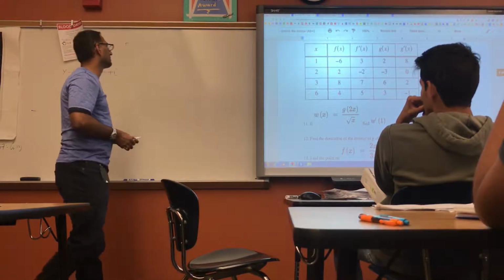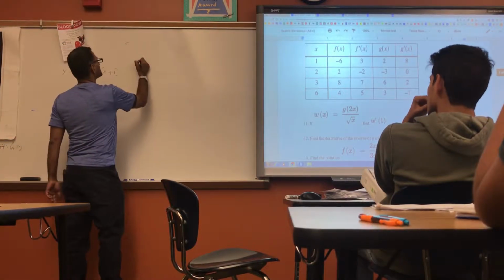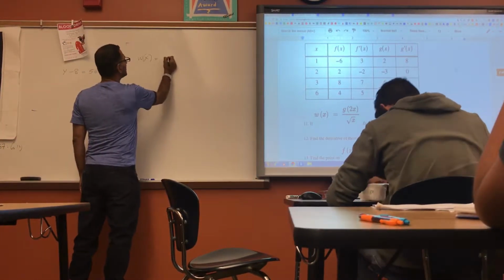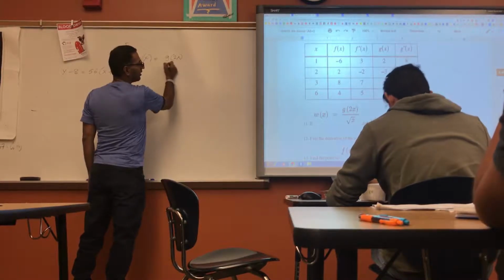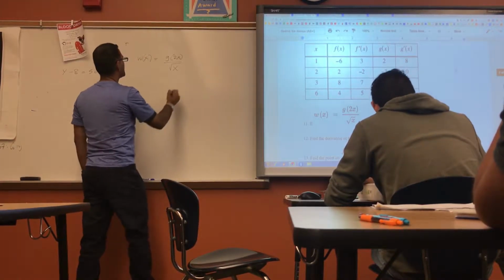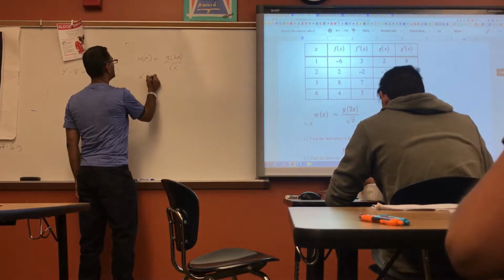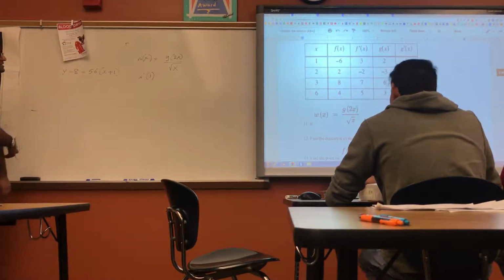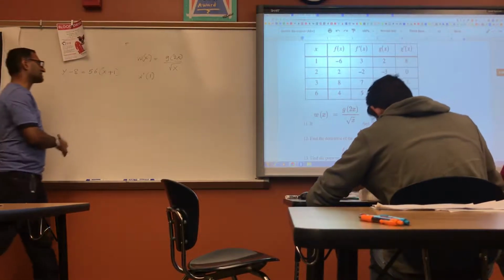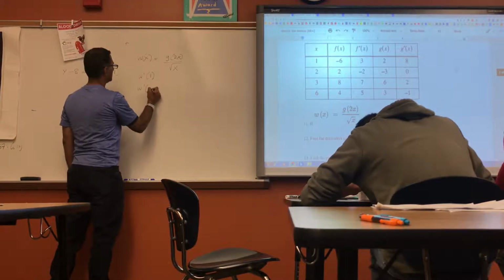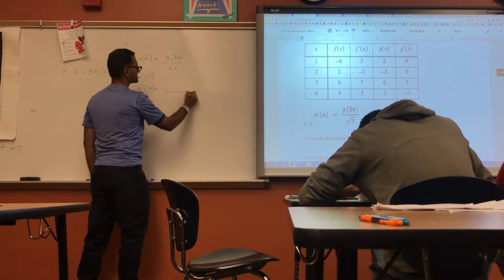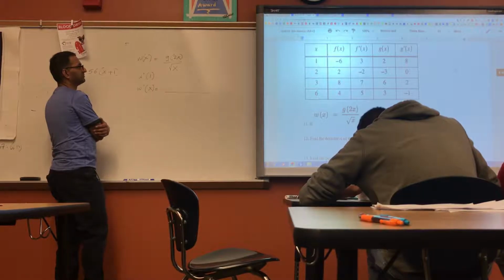Okay? Guys, write this down. So W of x, we're doing number 11, equals G of 2x over radical x. And the question says find W dash of 1. So what should I find first? Thank you, W dash of x. Then you plug in the 1. So what concept am I using? Quotient rule.